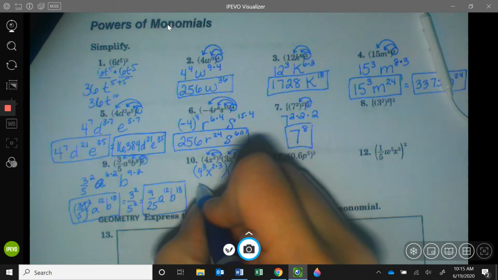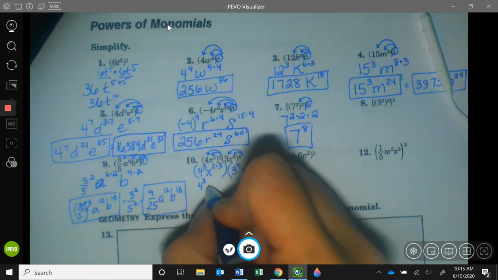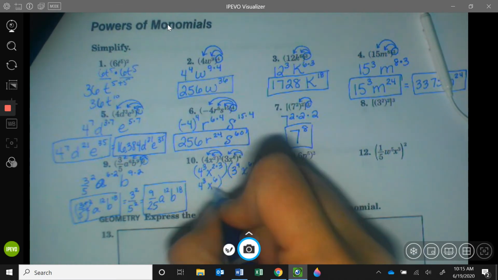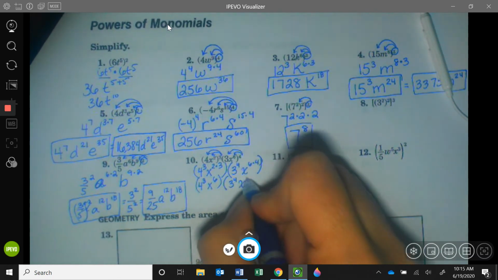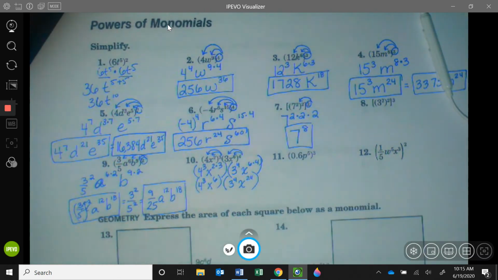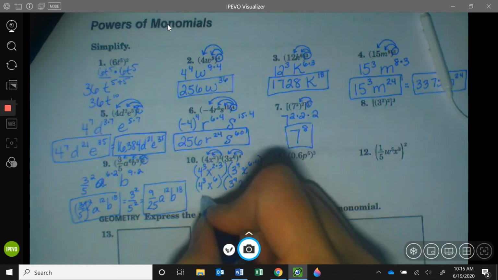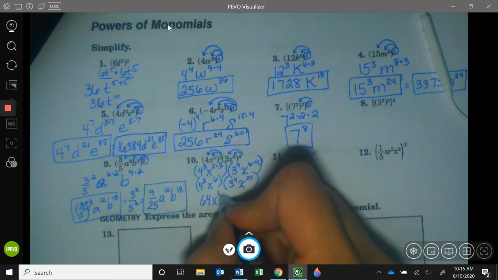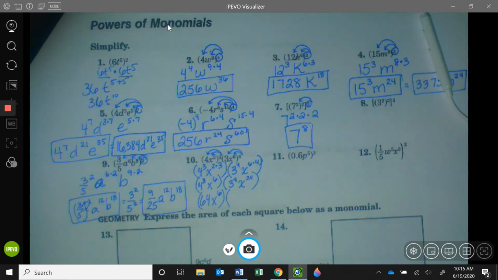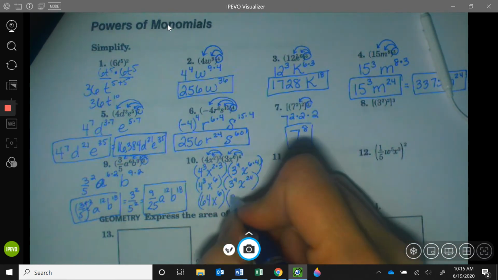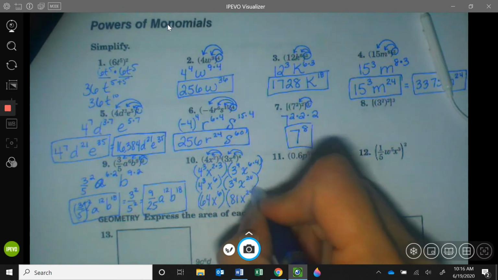So now we have 4 cubed x to the 6th times 3 to the 4th x to the 24th. So 4 cubed is 64 x to the 6th power, and 3 to the 4th is 81 x to the 24th power.